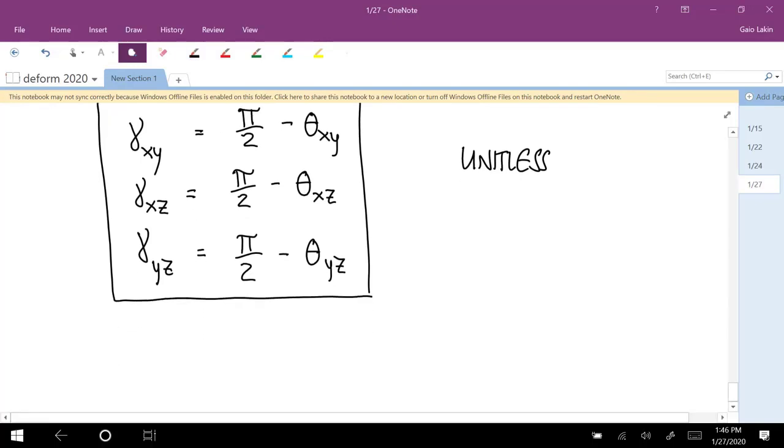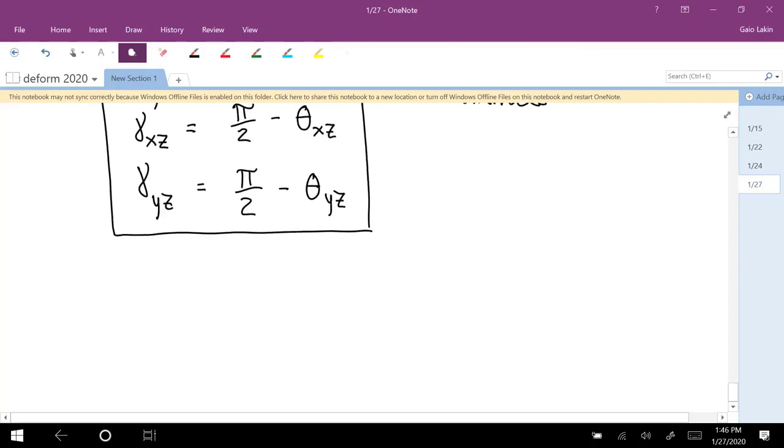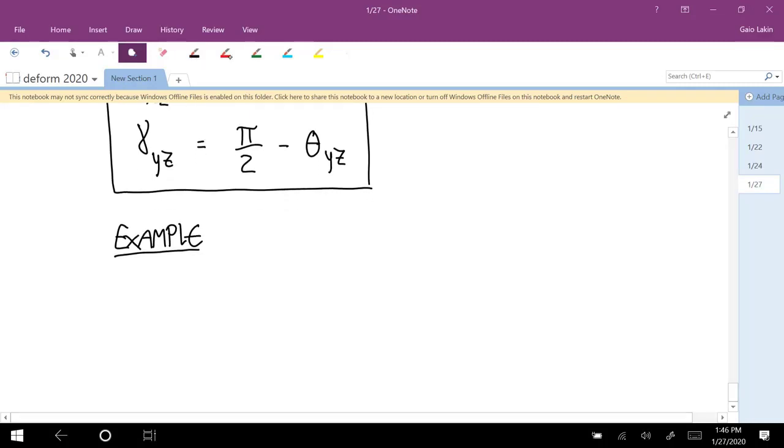So let's do a quick example. Okay, I'm going to use a little bit of a funky coordinate system this time. So let's say that the x-axis is this way and the z-axis is this way.